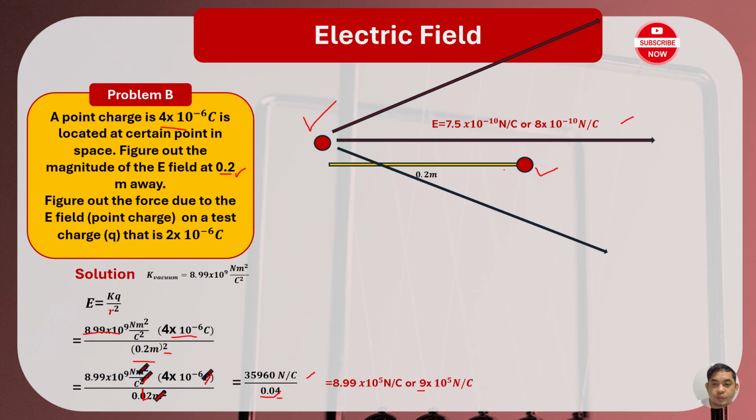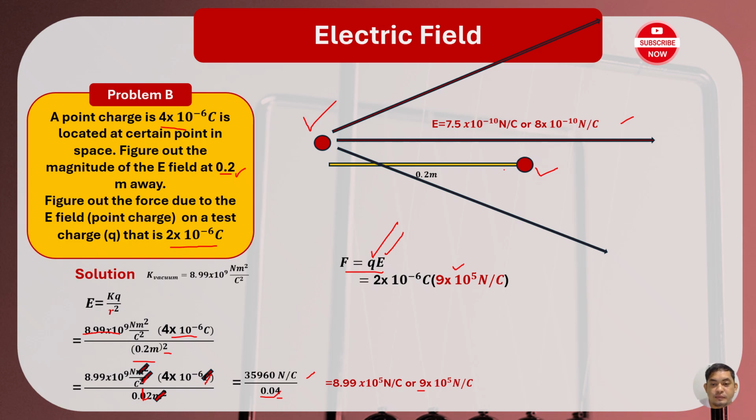Now let's find the force experienced by this test charge. We will be using this formula. This will be our test charge here in the electric field that we calculated a while ago. So we can substitute the values. It's 2 times 10 raised to negative 6, multiplied by, I just used this approximation, 9 times 10 raised to 5 Newton per Coulomb.